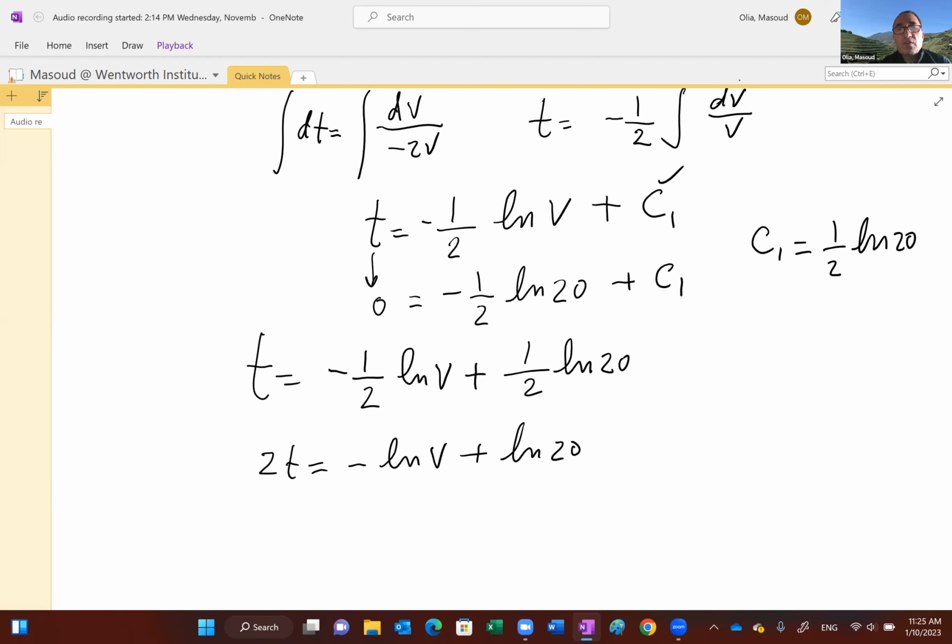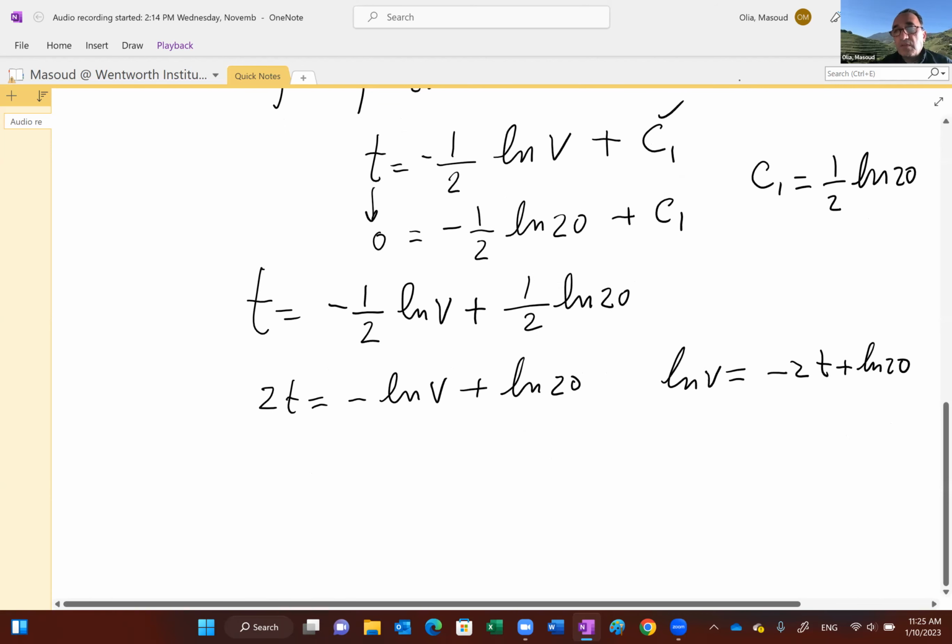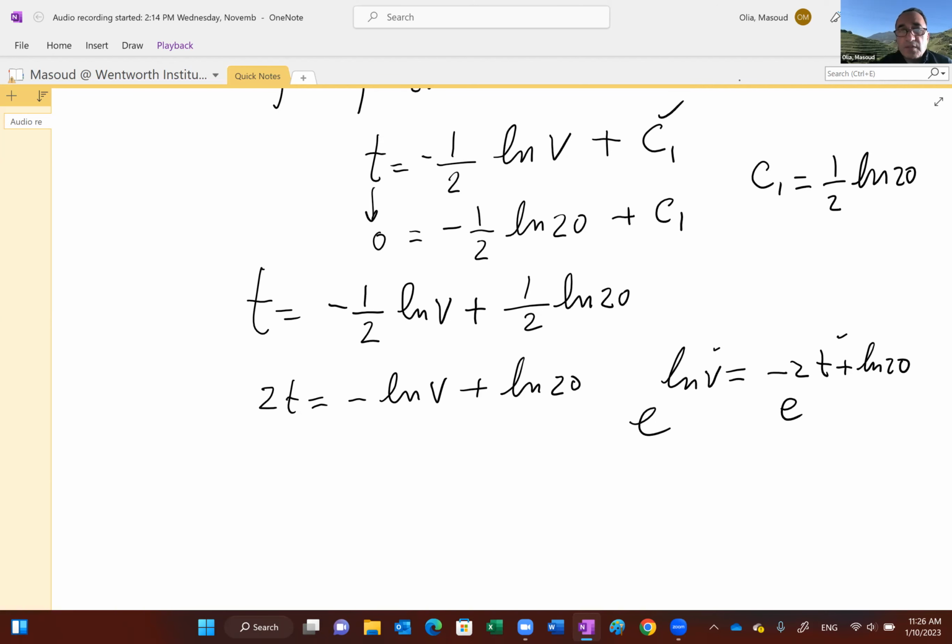Since I want to isolate log v on one side, to eventually get v as a function of time, I'm going to take log v to the left and bring 2t to this side, so minus 2t plus log 20. And now I'm going to take the inverse log, in other words, use e to this power and this power. So I end up getting v equals e to the power minus 2t plus log 20.